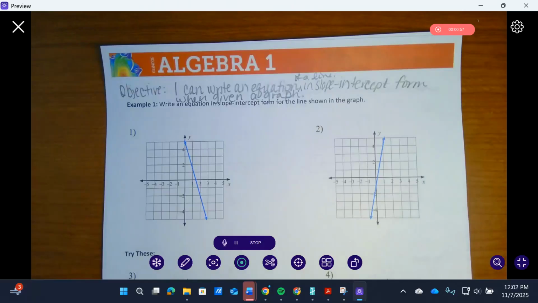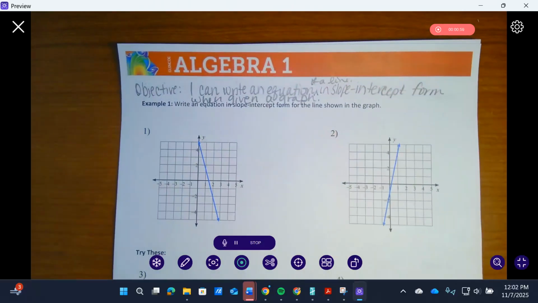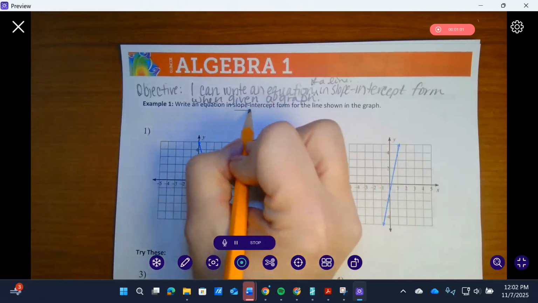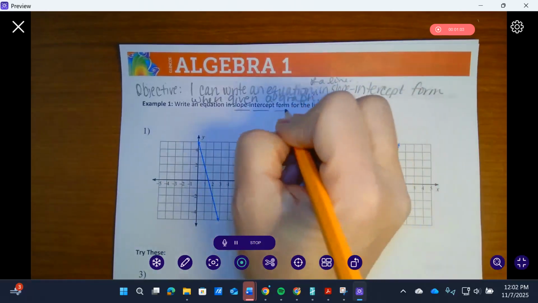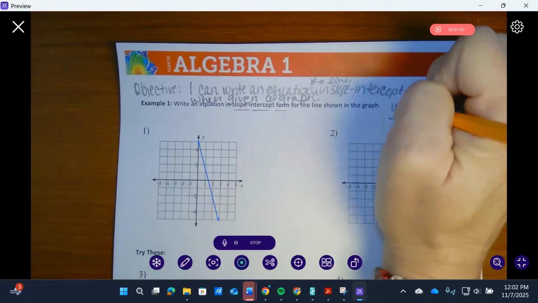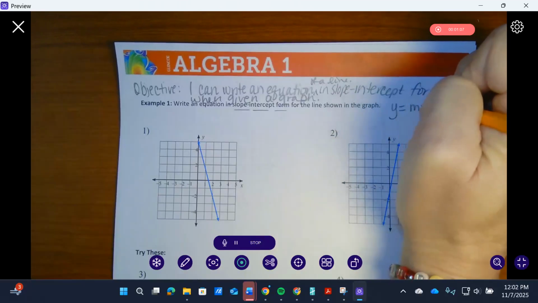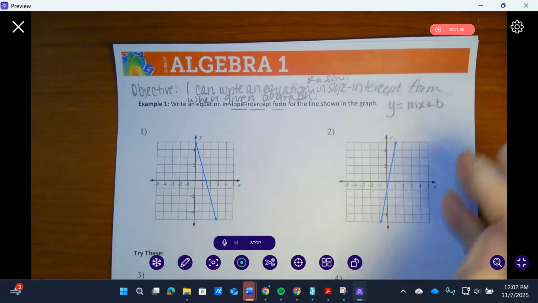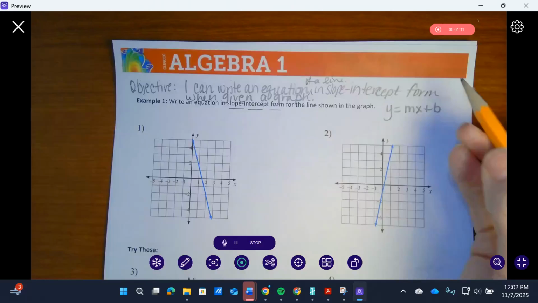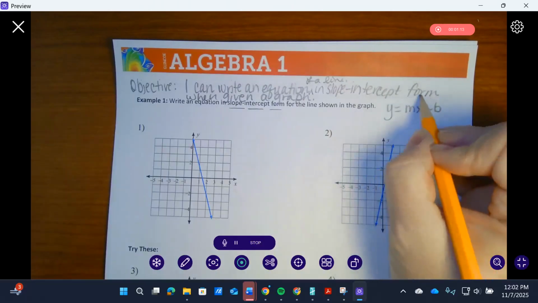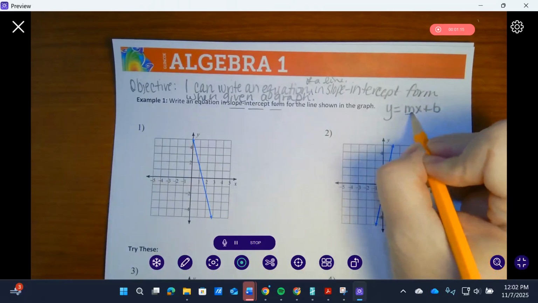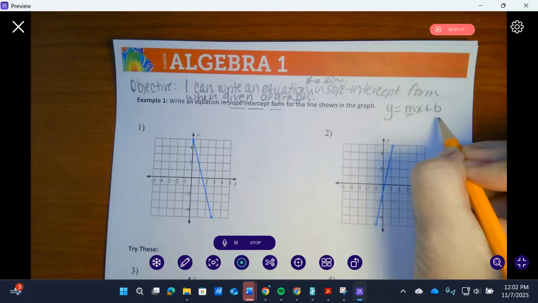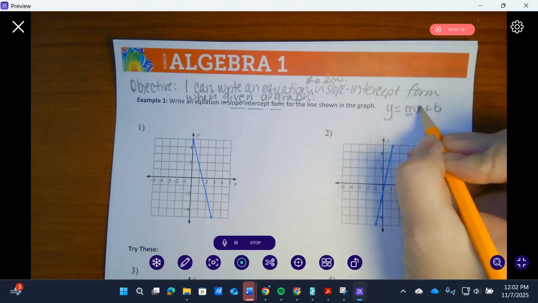Okay, so it might help us to refresh our memory. What is slope-intercept form of a line? Well, it's y equals mx plus b. And it's called slope-intercept form because it's in this form where we can quickly identify the slope. It's the coefficient, the number in front of my x variable.